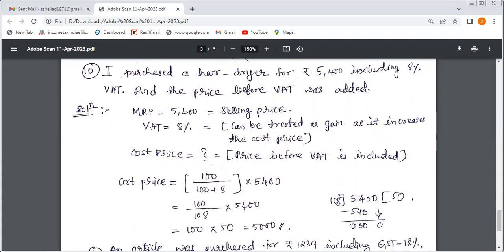I purchased a hair dryer for rupees 5,400, including 8% VAT. Find the price before VAT was added.